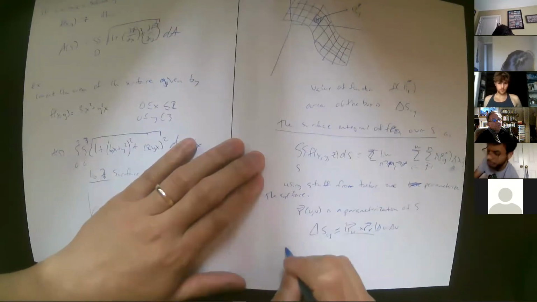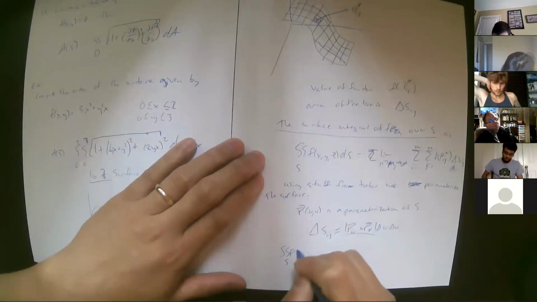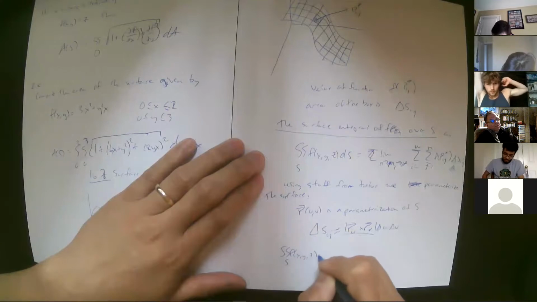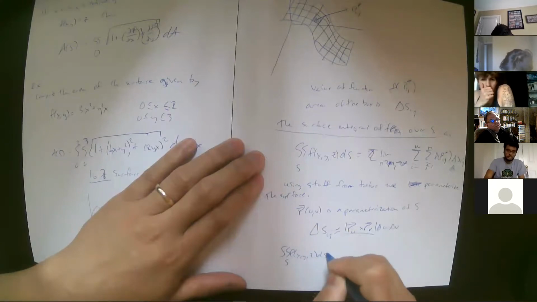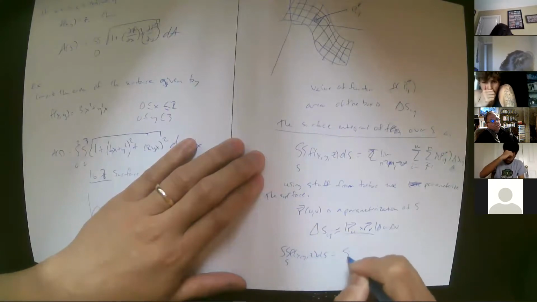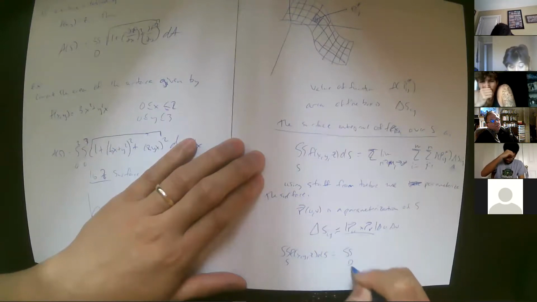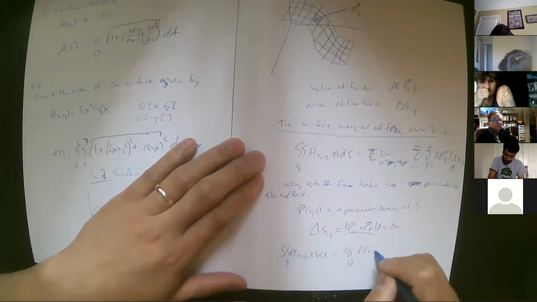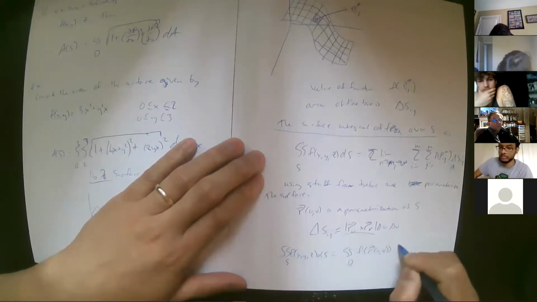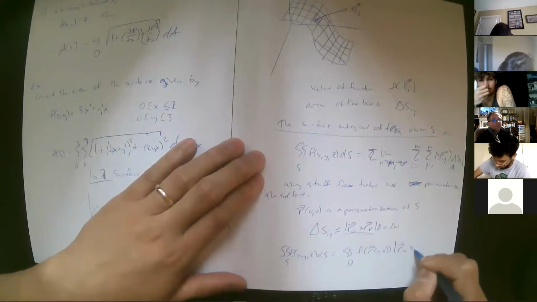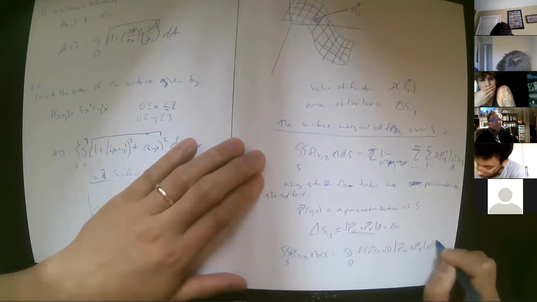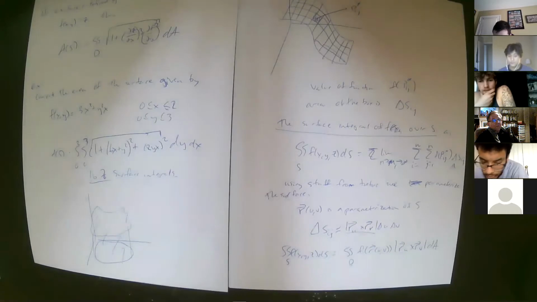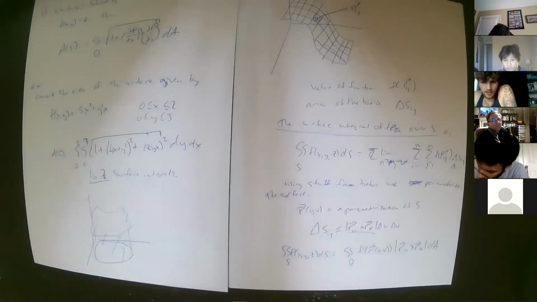So we can say that the integral over the surface of f of x, y, z dS is equal to the integral over the region D of f at r of u, v times the magnitude of ru cross rv dA. Is dA delta u delta v?